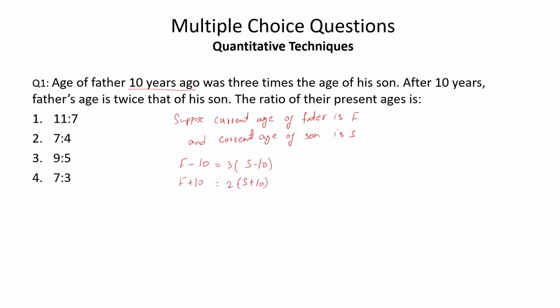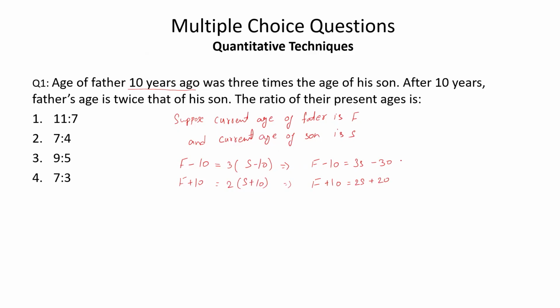Now you have to solve these equations for F and S, because you want to know their present ages, or the ratio of their present ages. So let me solve. F minus 10 is equal to 3S minus 30, from this equation, and F plus 10 is equal to 2S plus 20.